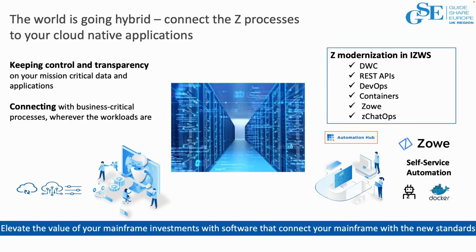So we provide ways to import, export easily your job streams definitions from our product so that you can move them from a different environment like development, IZWS environment to a test environment or production environment. And that happens through a feature called WAPO that allows you to import, export our definitions. So we support the DevOps operations with our definitions.